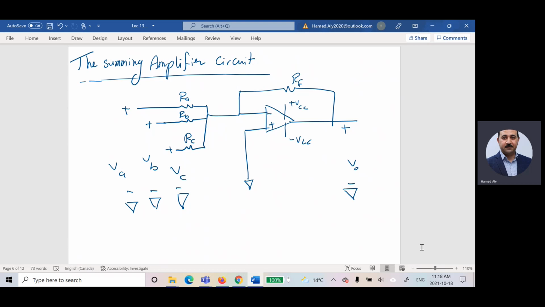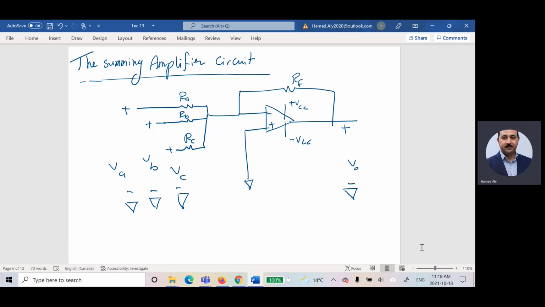The second application is the summing operational amplifier, the summing amplifier circuit. We can use it to add some input source voltages. So if I have two or three sources and I would like to find the output as the summation of those, I can.